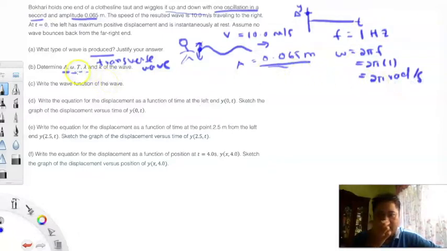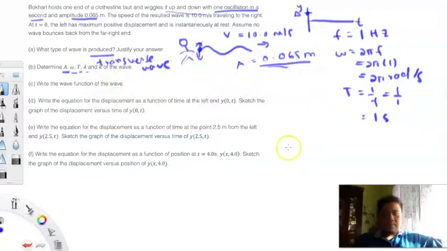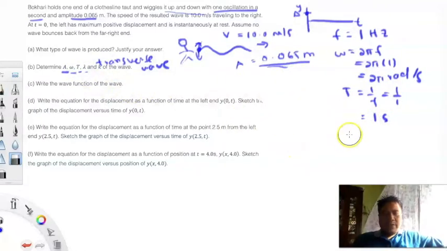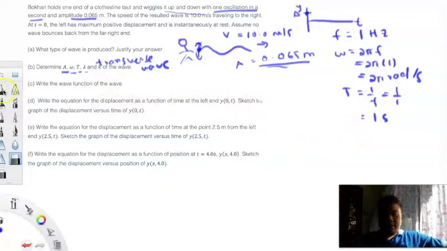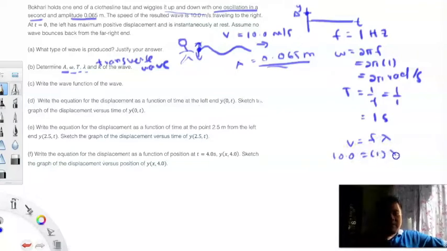Then what is the period? Since the period is 1 over f, you have a period of 1 second. Then lambda. We can get lambda from the relation v equals f lambda, where v is given as 10 and f is 1 hertz. So from here you get lambda equal to 10 meters.